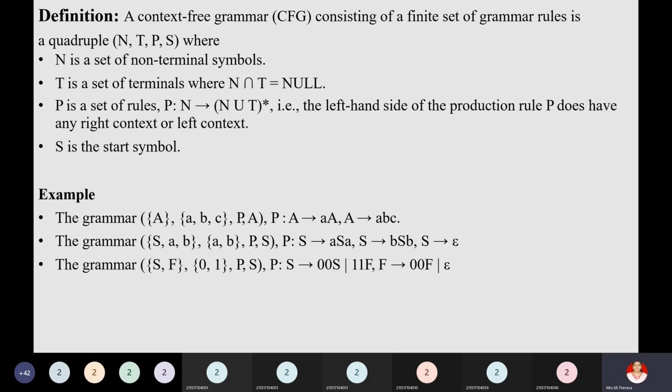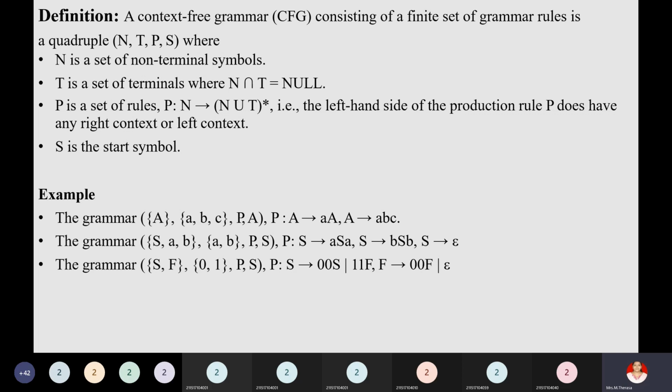Capital T is the set of terminals, where when we do the intersection of the non-terminals and terminals, it should be equal to null. So there should not be any common symbol used in N and T.